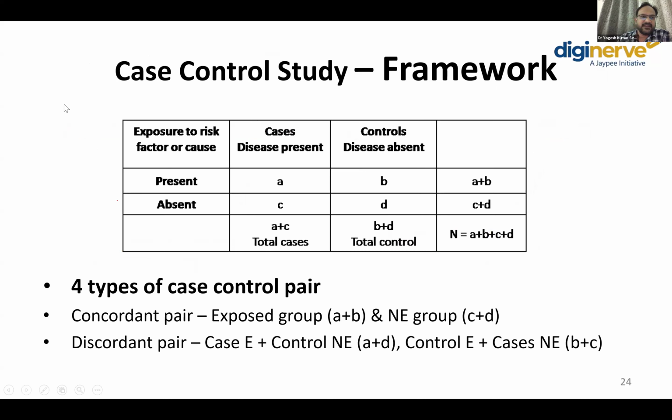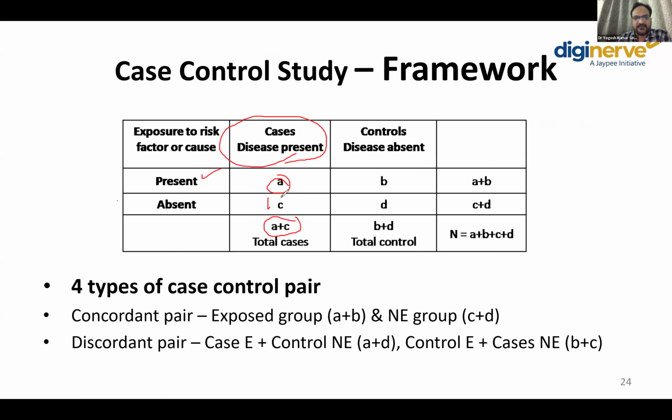One minute, I am taking the cursor. Okay, what we are doing, we are taking cases here in which disease is present. Suppose total cases are A plus C. In A plus C, A are the persons who have a positive history of the exposure, it means exposure is present.